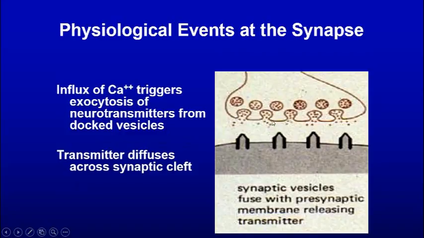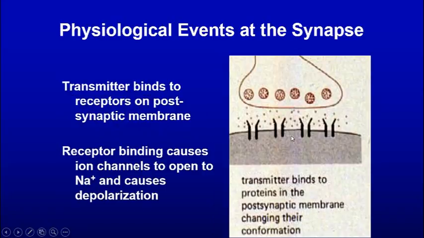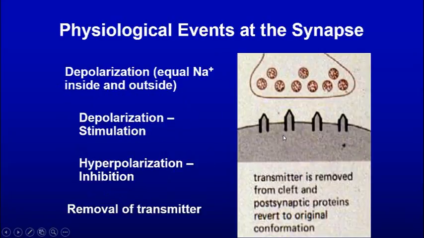So you get influx of calcium, exocytosis of the transmitter into the synaptic cleft, and then they interact with the receptors on the muscle cell or the cell that's being transmitted until you get a conformational change. And then you get depolarization. You depolarize the cell.